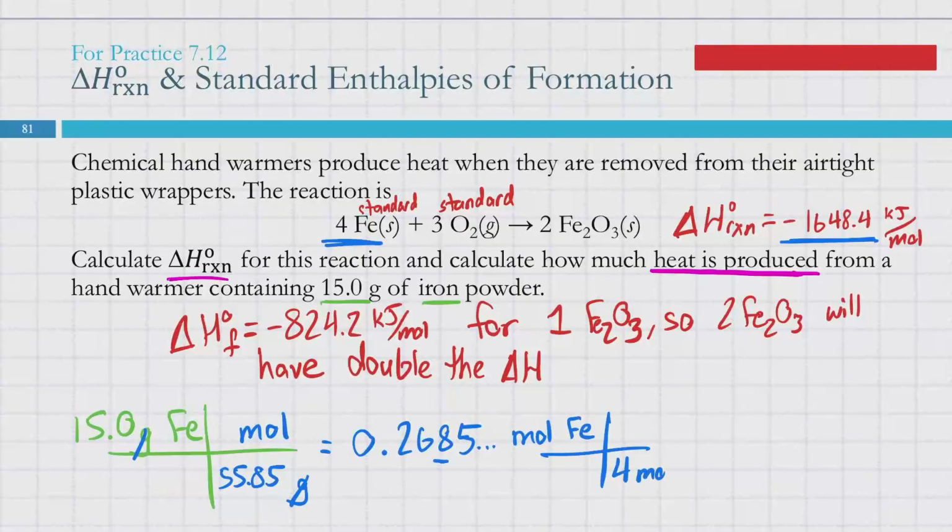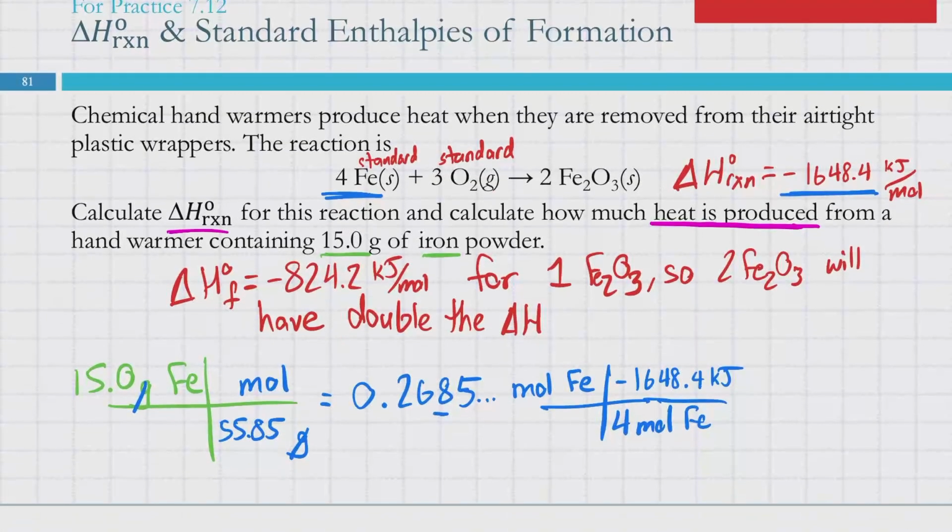So 4 moles Fe goes in, and 1,648.4 kilojoules comes out. So multiply by our delta H, divide by 4.